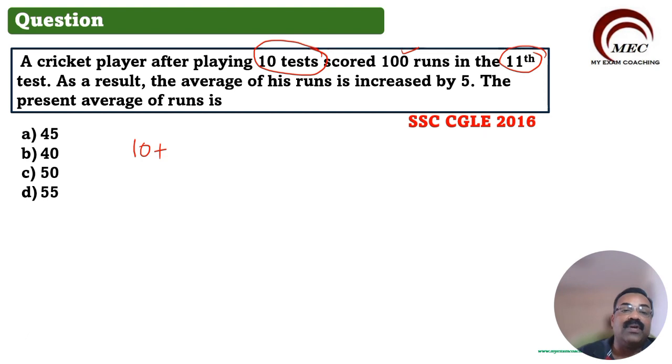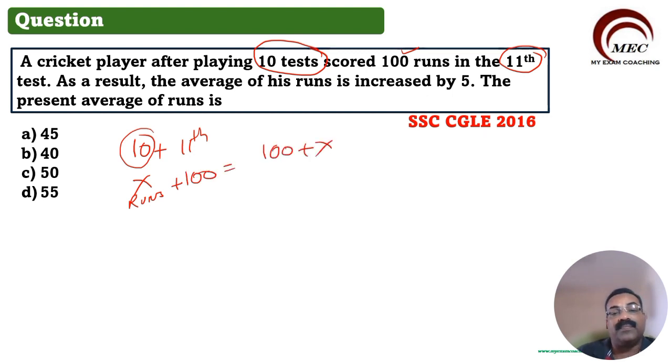In the 10 tests we don't know how many he scored. Let it be X. Total in 10 tests he got X runs. And then one more, the 11th, he got 100 runs. So total how many runs? 100 plus X. Then his average is increased by 5.